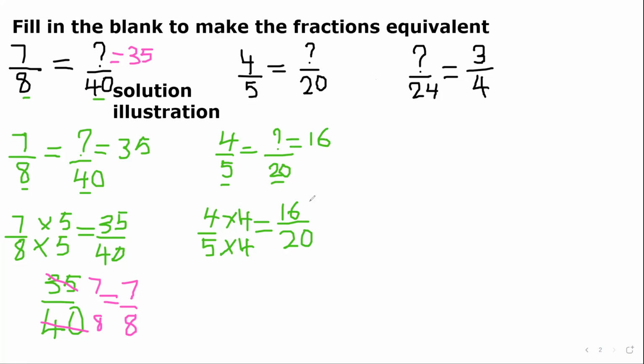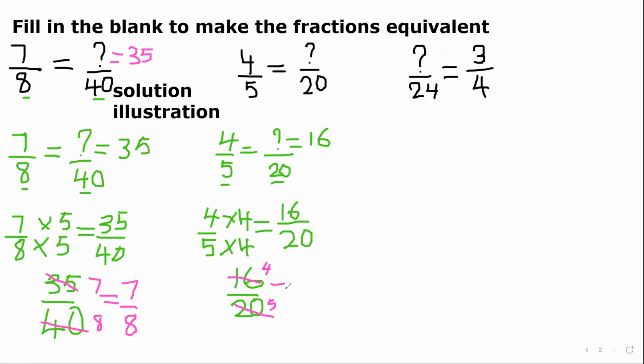Good. If you're still doubting, then you can cancel the 16 out of 20, to see whether you can still get 4 out of 5. 4 goes here, 4 goes here, then that is 5.